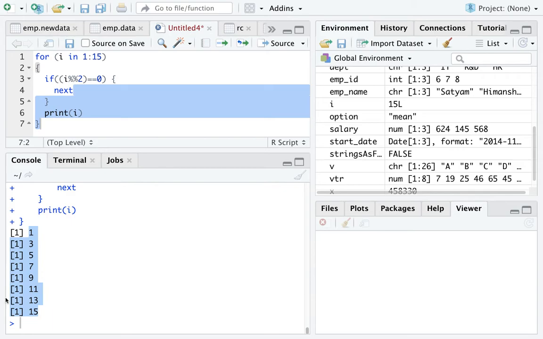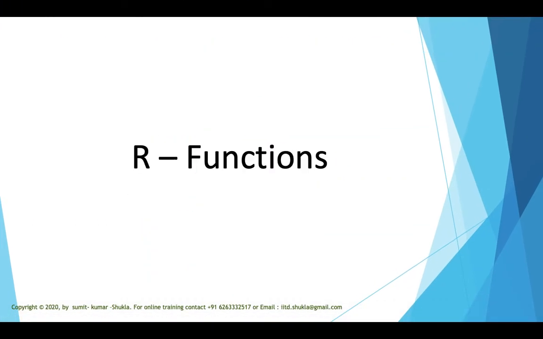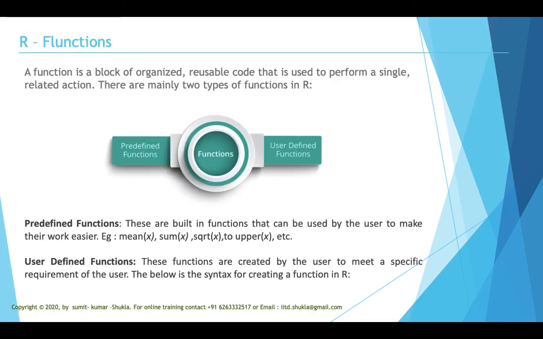Okay guys, now we are dealing with functions. What are functions and how can we work with them? First of all, a function is a set of statements together to perform a specific task. R has a large number of inbuilt functions, and users also get permission to create their own functions.